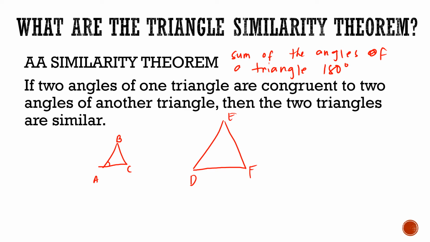Let's say that angle A is congruent to angle D and the measure of their angle is 35 degrees. Angle B and angle E are congruent to one another, and let's say that the measure of their angle is 100 degrees. Now, how can we conclude that the two given triangles are similar by the AA similarity theorem?